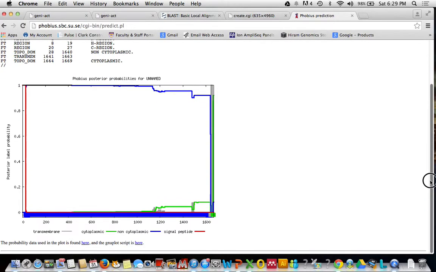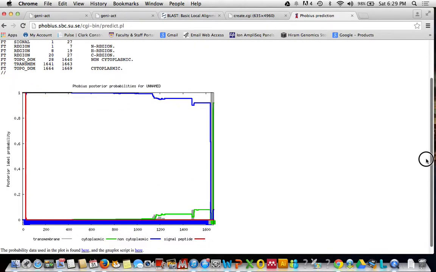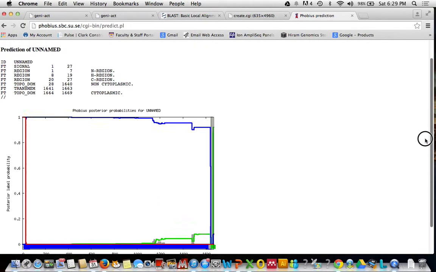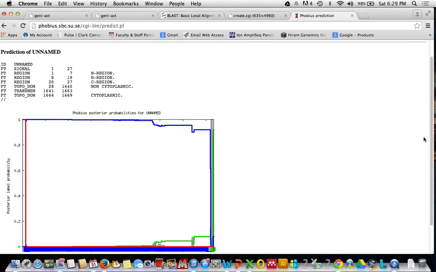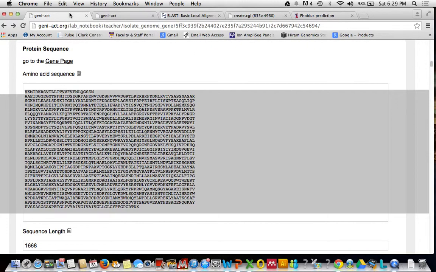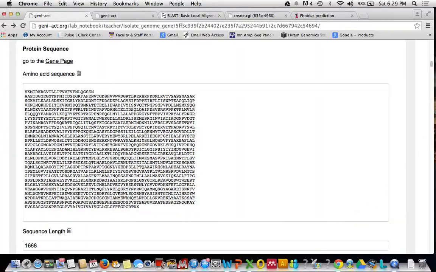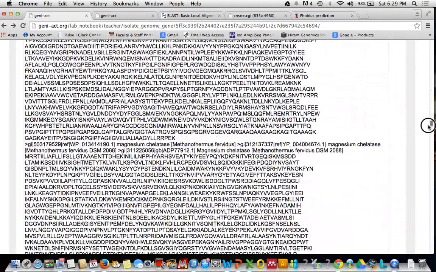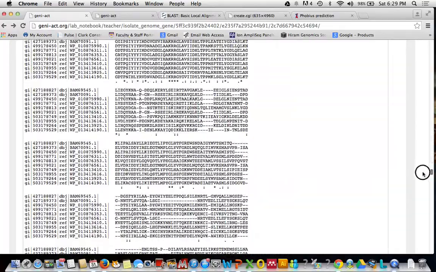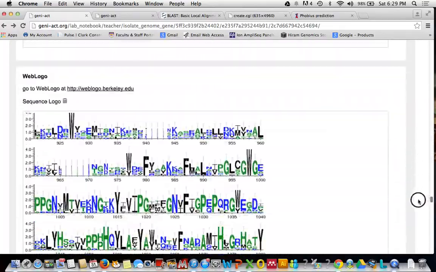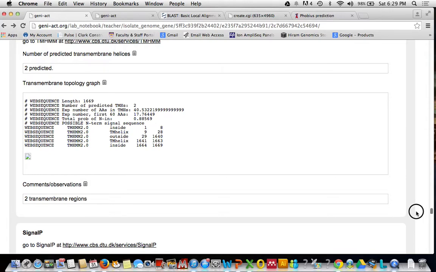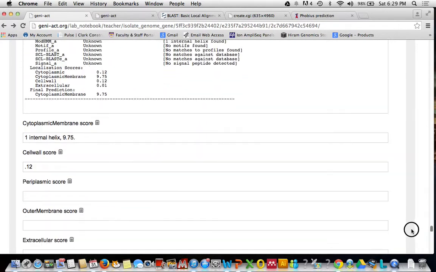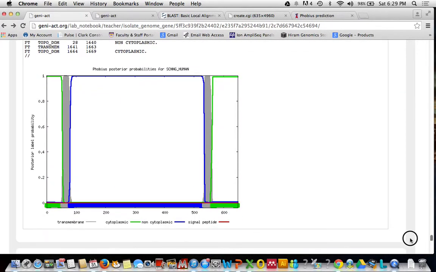Okay, so what Phobius should give you is a graph. Let's go back to my original Phobius graph in my annotation. What you do is you copy paste all the information and also the graph from Phobius.